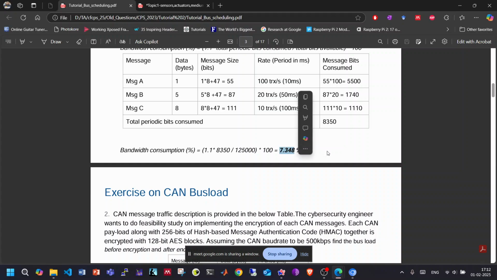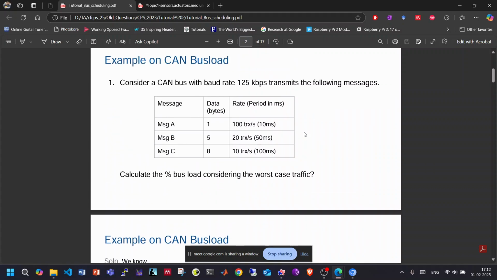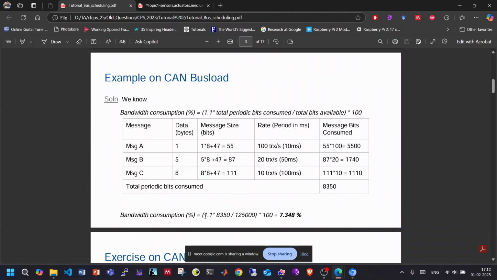Okay. So in this case you only have a 7% bus load. Why is this 1.1 coming? See in the lectures. I would like you to ask the same question in the next lecture again. If you have seen the lectures, then this should be explained.